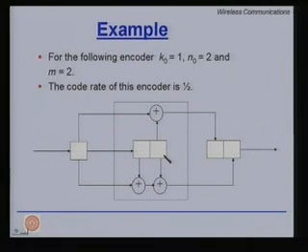Fine. Clearly, there will be 4 states in the trellis that we will construct using the encoder shown here, because the states can be 0 0, 0 1, 1 0, and 1 1. There are only 4 possible states.